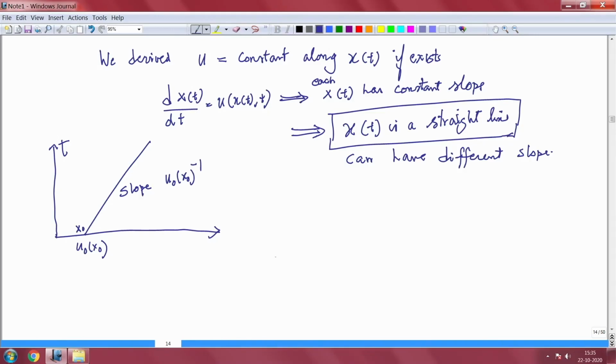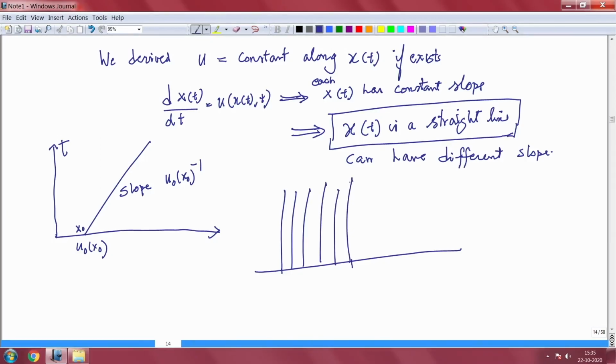The problem is that different points, if I take a point x1 here, can have different slopes. So you can have a situation like this, slopes like this.